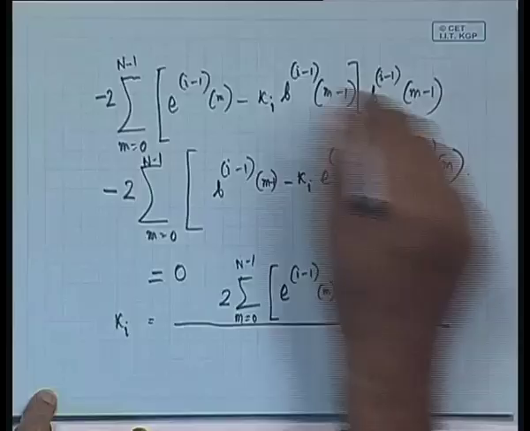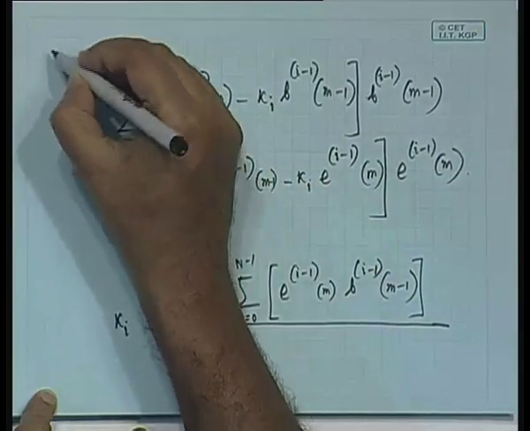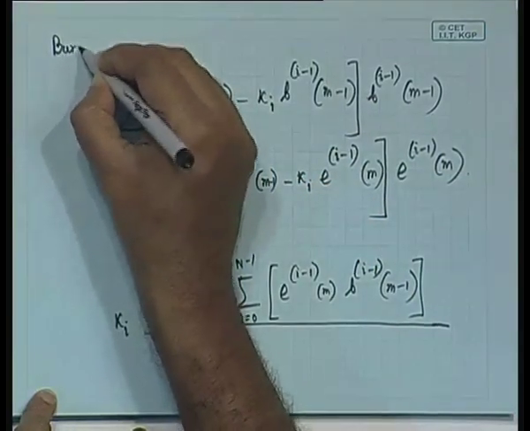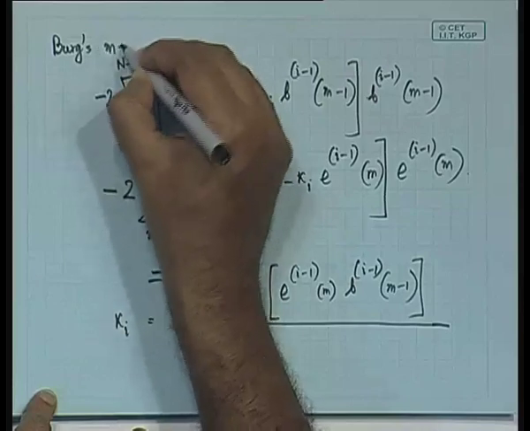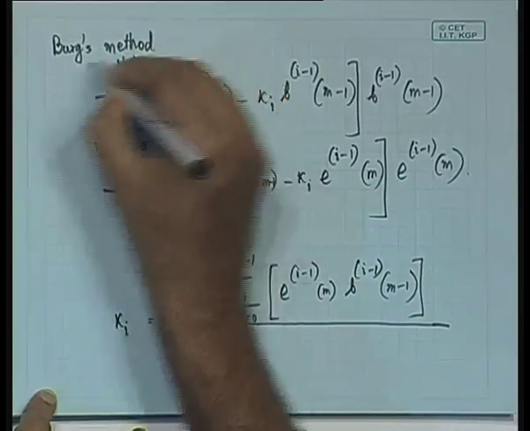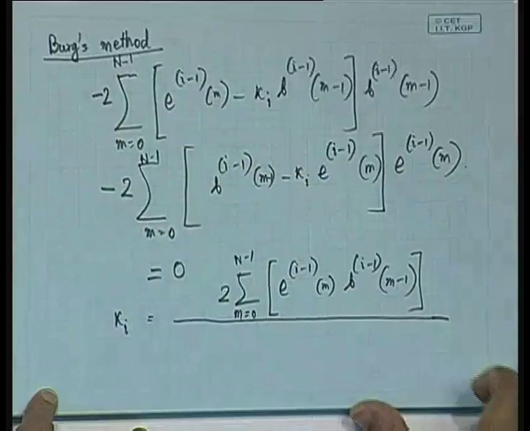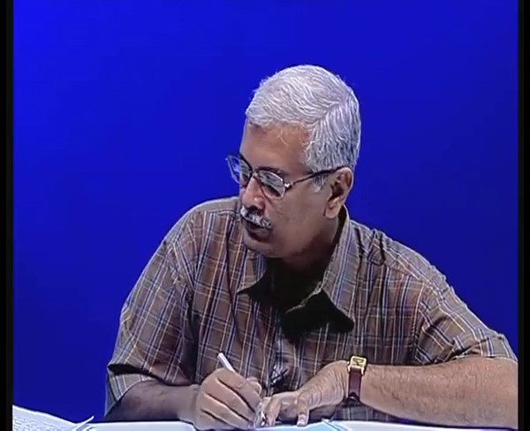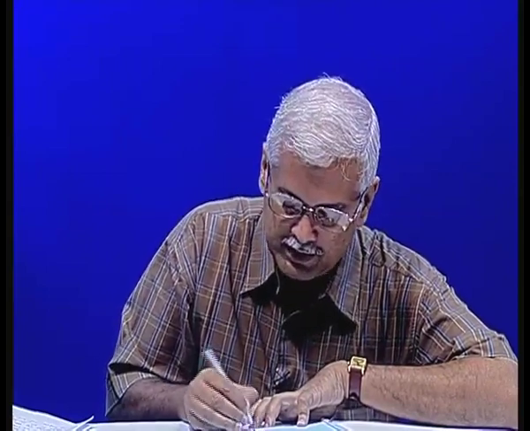What we are discussing is Berg's method. According to Berg's method of defining the error EI, the E tilde I rather, we are going to have KI here as KI.